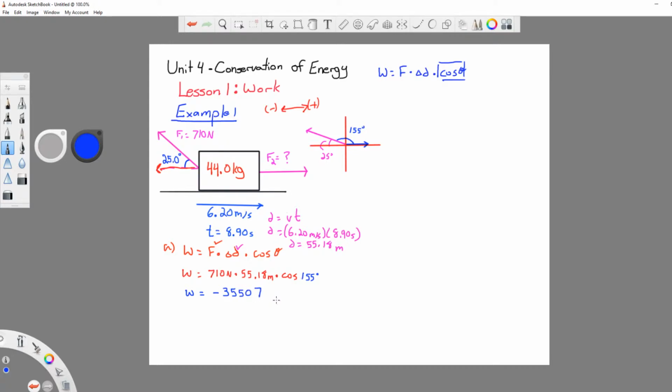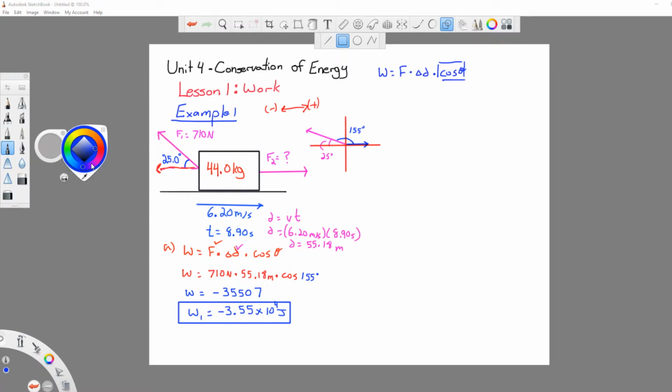And if we want to put that into scientific notation with 3 sigdigs, we can say that work done by force 1, so say work 1, is equal to negative 3.55 times 10 to the 4 joules. All right, so part 1 is complete. Let us move on to part B.